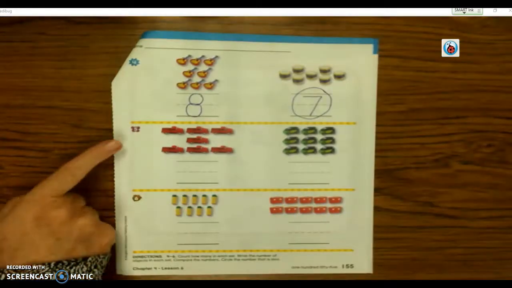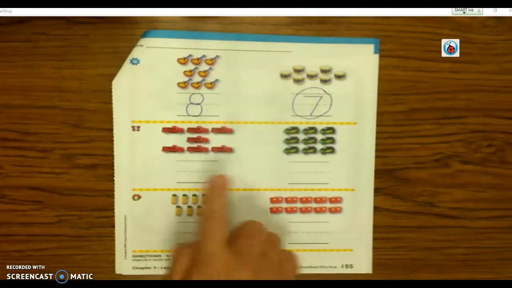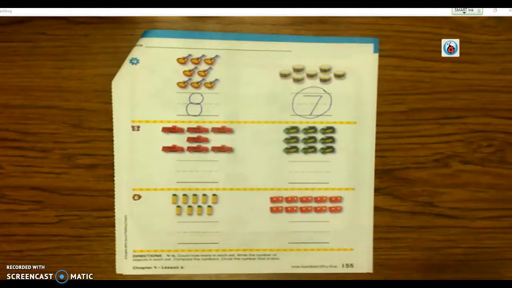All right, you're going to do the same thing by the butterfly and by the acorn. Count the trucks and write the number. Count the cars and write the number. Circle the one that is less. And by the acorn, count the thermos and write the number.